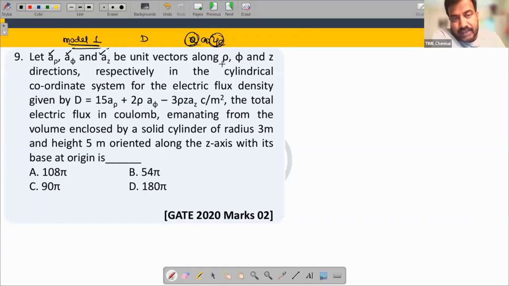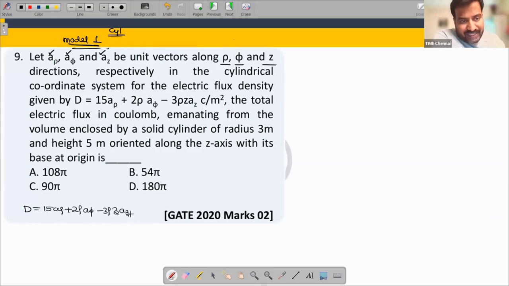What is given? Let a rho, a phi, az be unit vectors along rho, phi and z respectively. So cylindrical coordinate system. Given D is 15 rho a rho plus 2 rho a phi minus 3 rho z az coulomb per meter square.